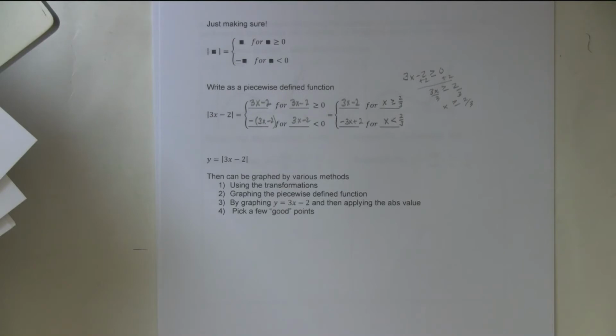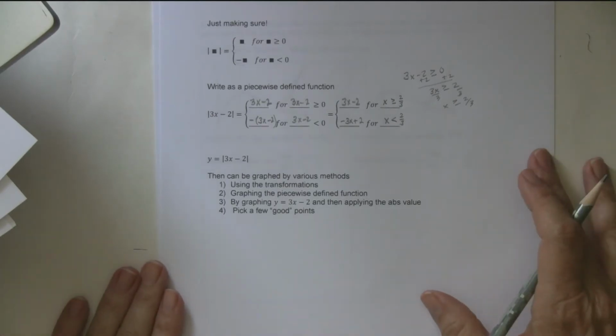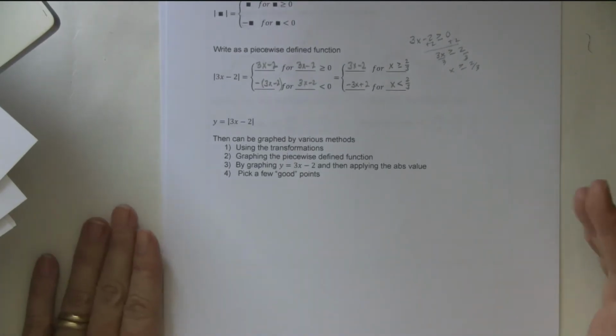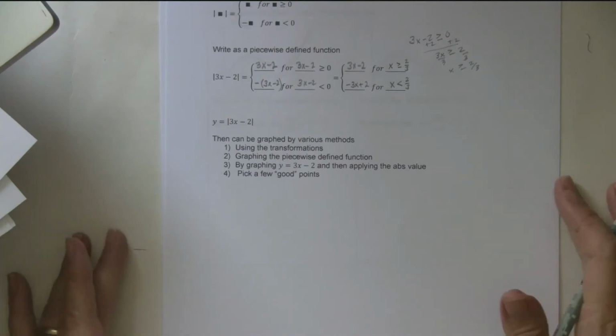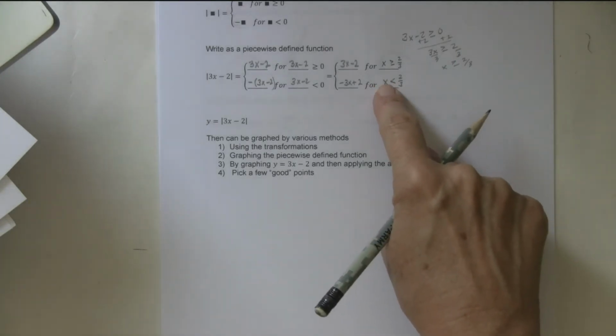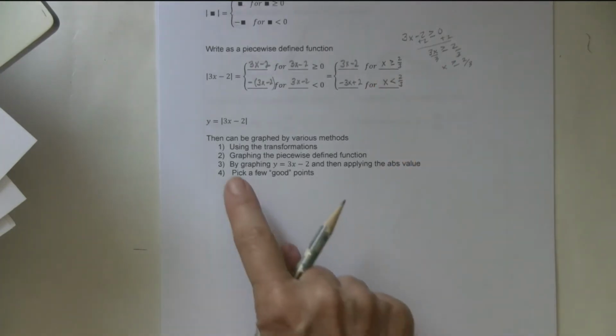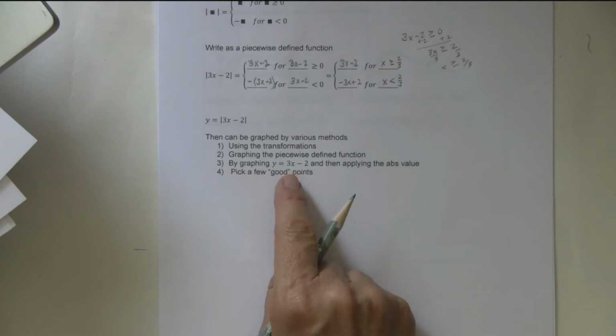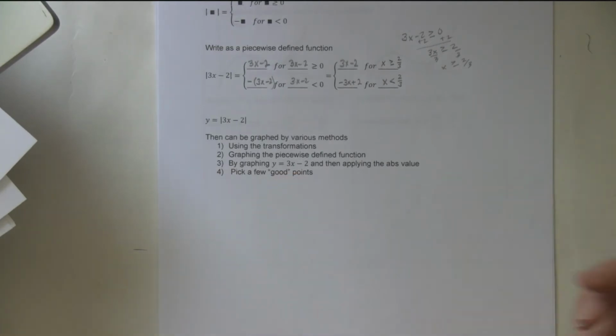And then they're asking me, hey, graph this. And I'm just going to tell you that you could use various methods of graphing it. You could use all your transformations and all that. You could graph this piecewise defined function right there. You could graph this line and then apply the absolute value, or you could pick a few good points. And it really is your choice on how you would do that. They're all, I think, good ways of going.